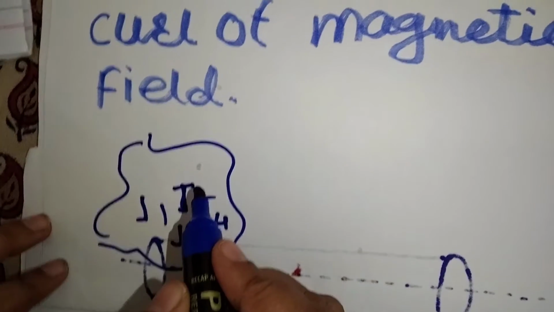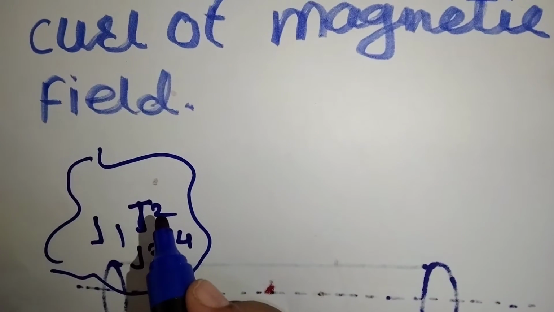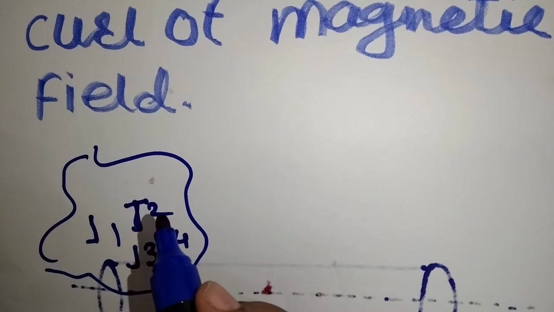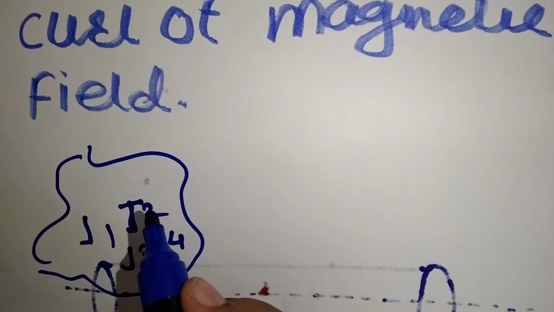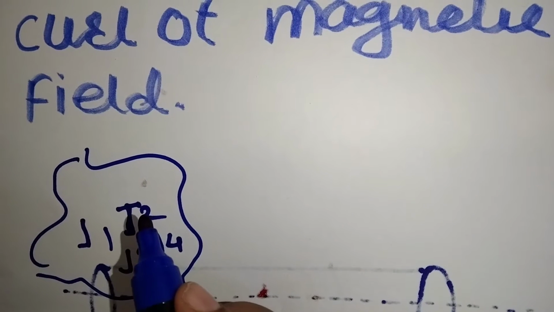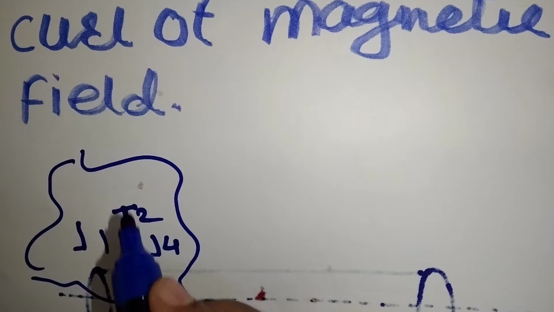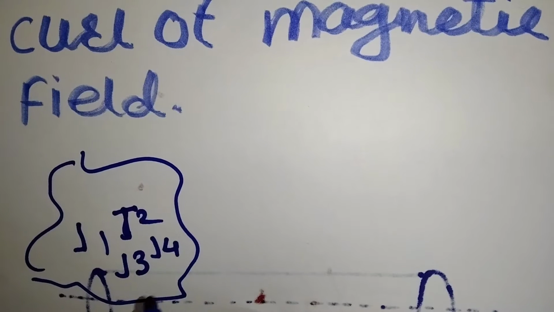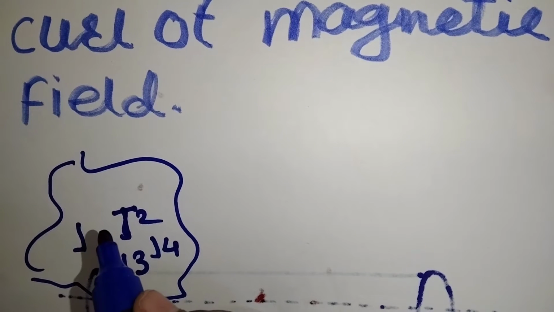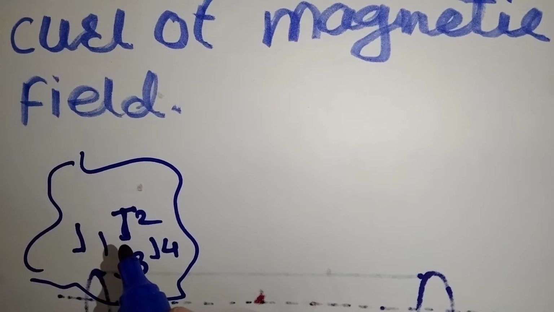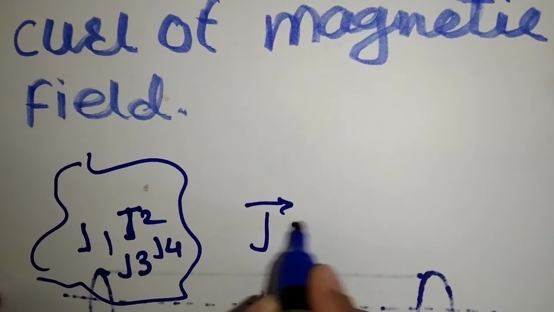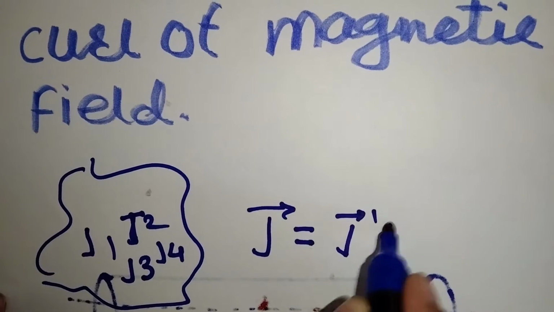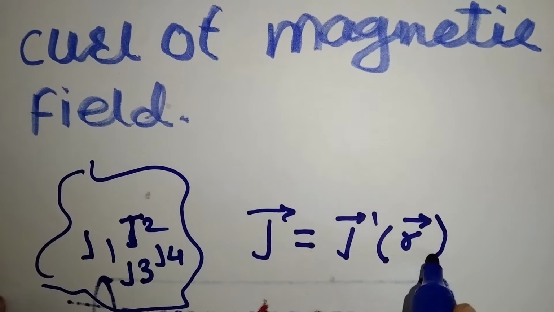Consider a region in space with a steady current flowing. This current distribution can be described by the current density vector J bar equal to J dash R bar.